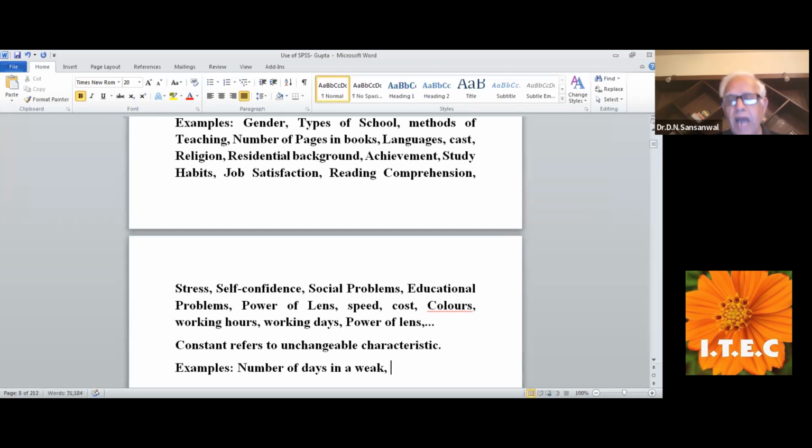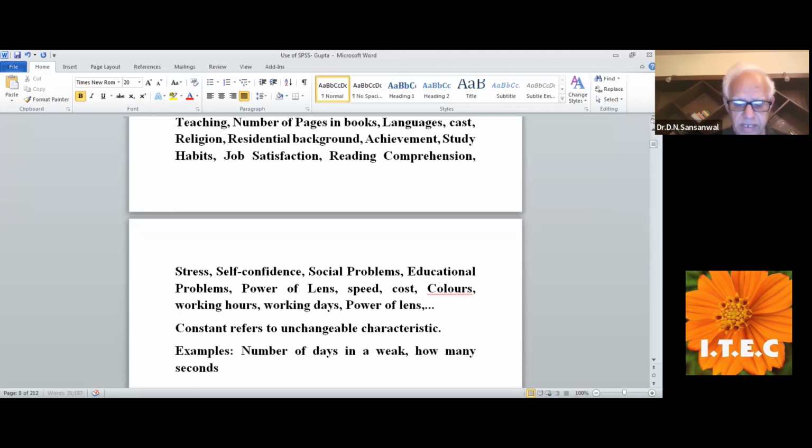How many days in a week? You ask anyone, everyone will say the same thing. If you ask how many seconds in 1 minute, everyone will say the same thing.